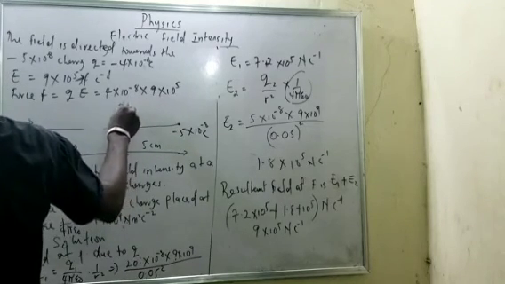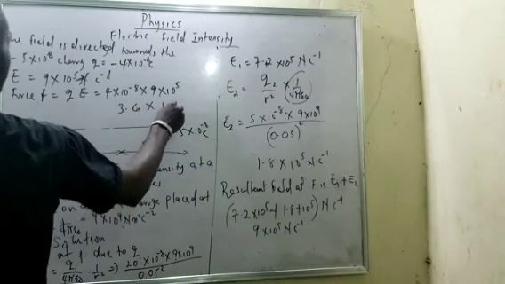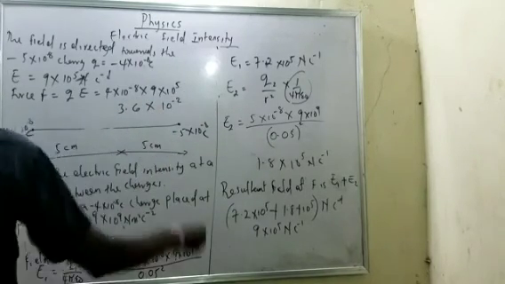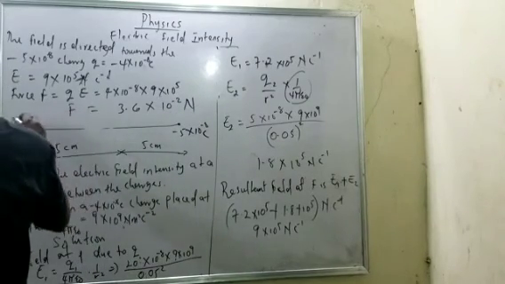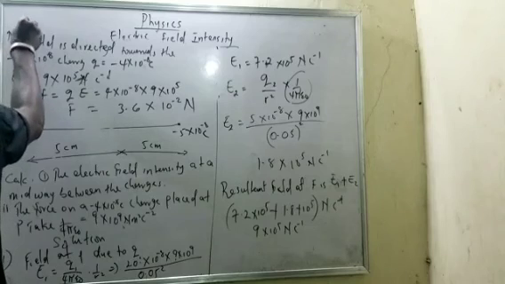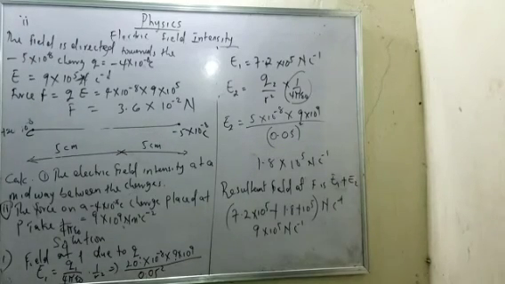So I have 3.6 multiplied by 10 raised to power minus 2 Newton. That is the force, which is number 2 of this question. With this, you can see that it is very, very simple.